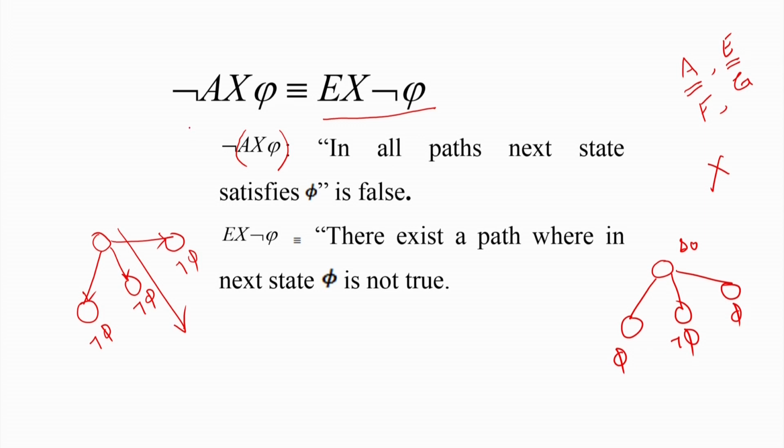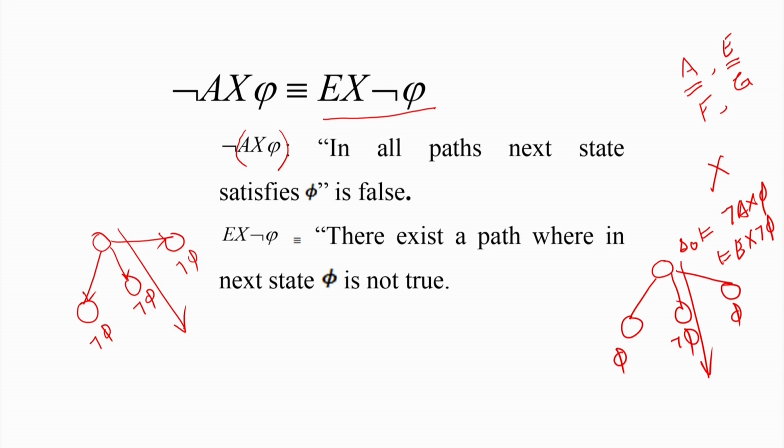So, not of A X phi is true in this particular state S0, and this is happening because of this particular path. Okay. So, that means I can say that again S0 models there exists a path X not of phi.